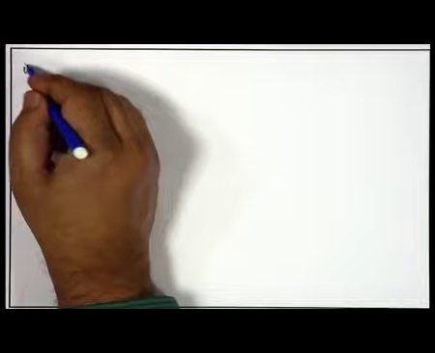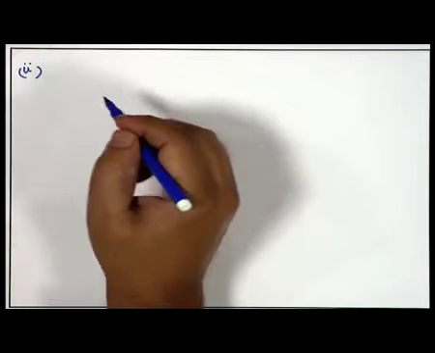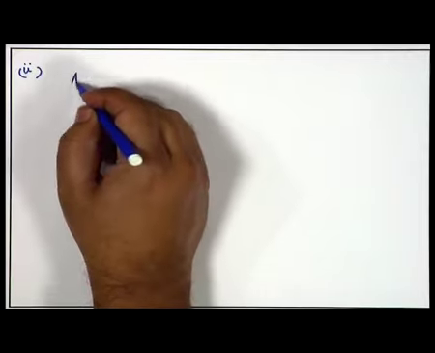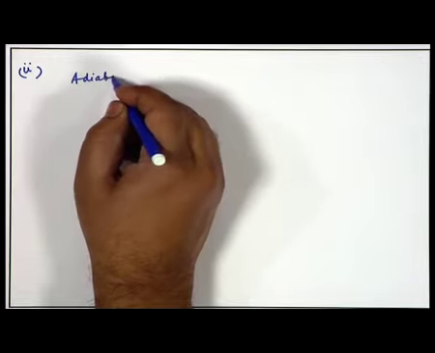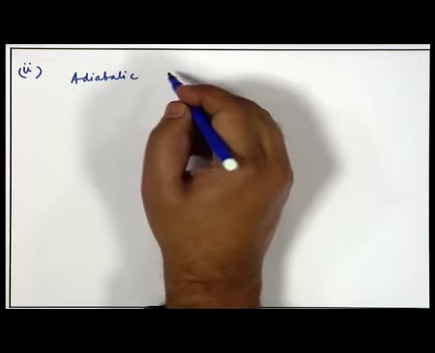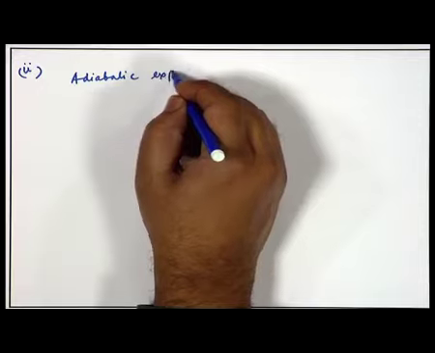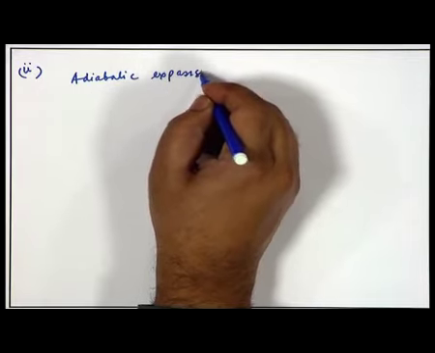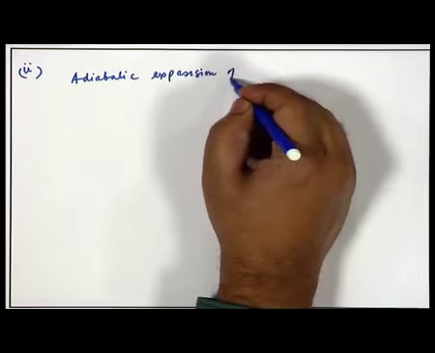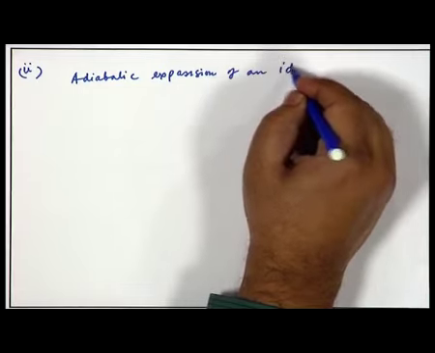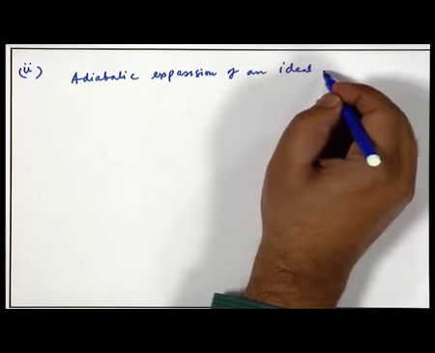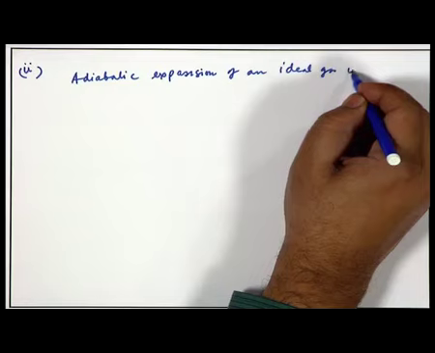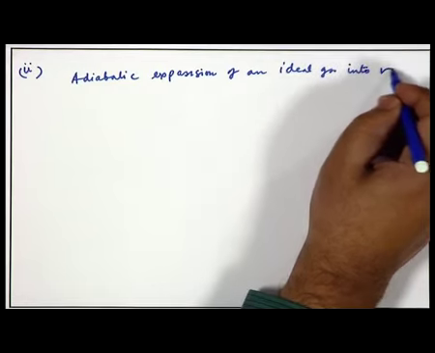So, I will move to the next example, which is 2. It is an adiabatic expansion of an ideal gas into vacuum.